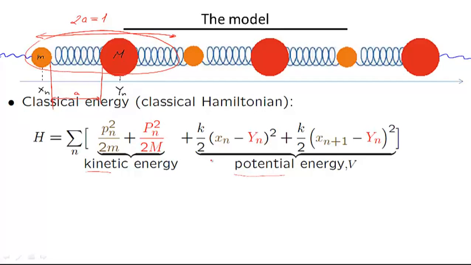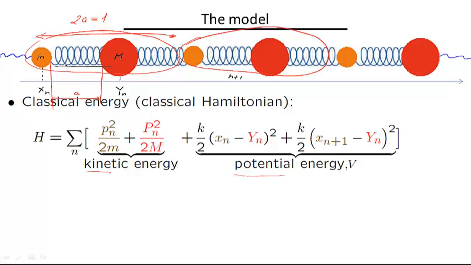Then there will be a potential energy, which is just the usual Hooke's law. But I now have a Hooke's law for every single spring in this oscillator chain. For example, in this nth elementary cell, I'm going to have a term associated with the spring between this lighter atom and this heavier atom. This term corresponds to this spring.